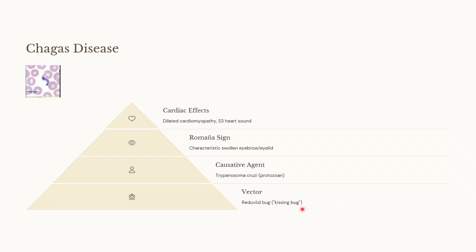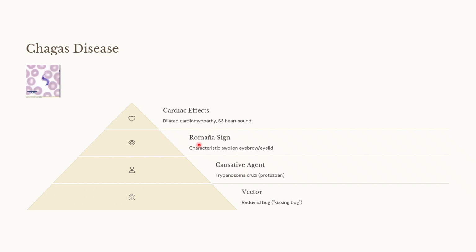This bug is also known as the kissing bug because the way the bug bites, it will not be painful at all. It will be so painless, almost as if the bug just kisses the person. It transmits the protozoa Trypanosoma cruzi into the patient's body.